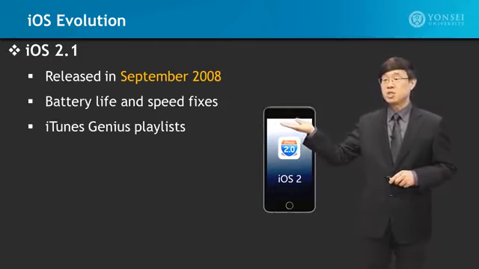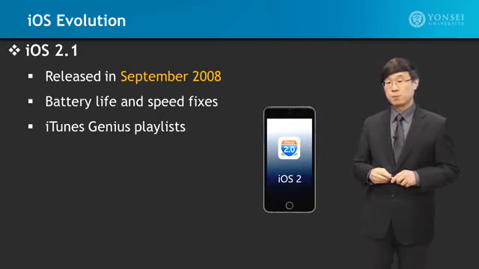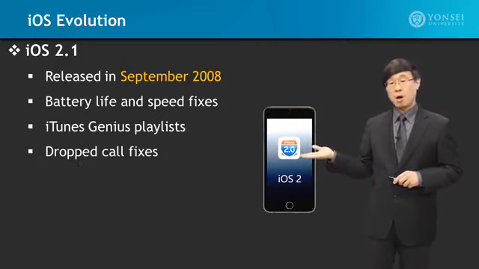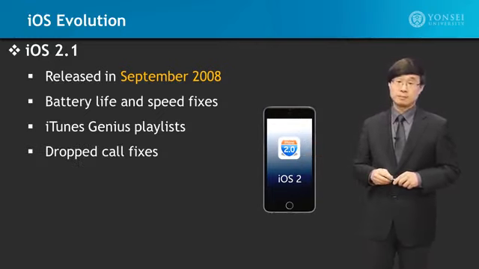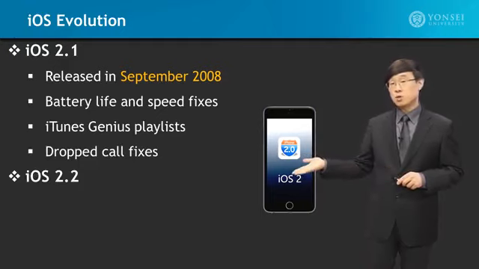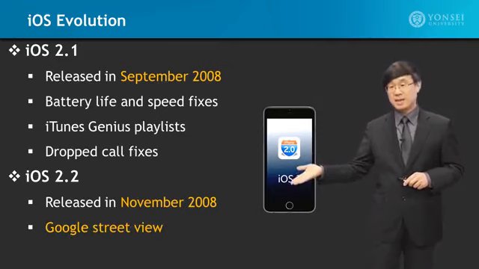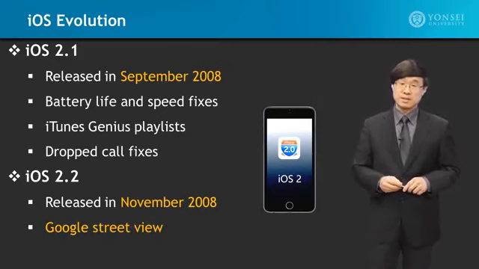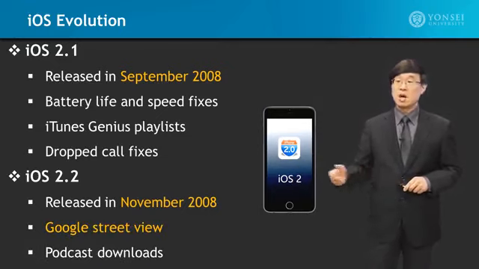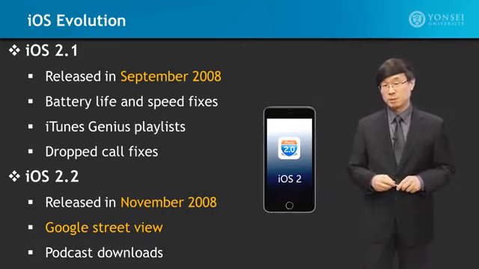The iTunes Genius playlist became available, and the dropped-call problems were fixed. iOS 2.2 was released in November of 2008, and Google Street View was included. In addition, podcast downloads became available.